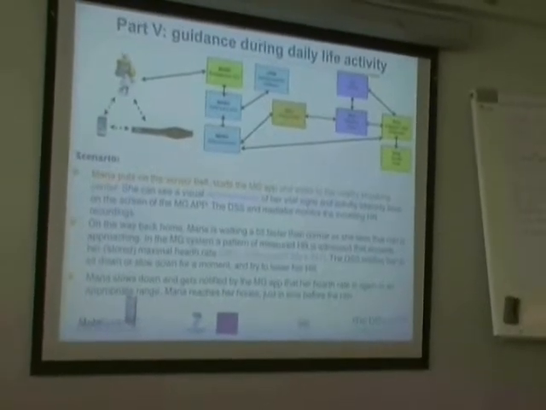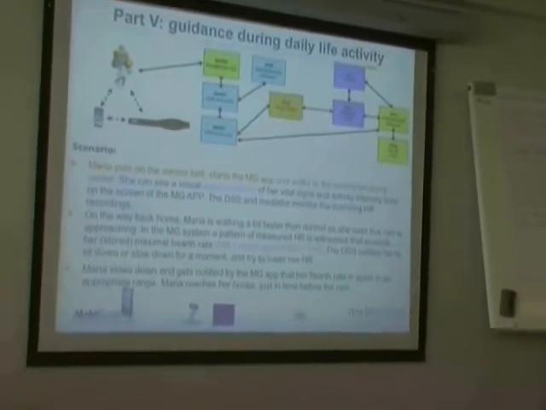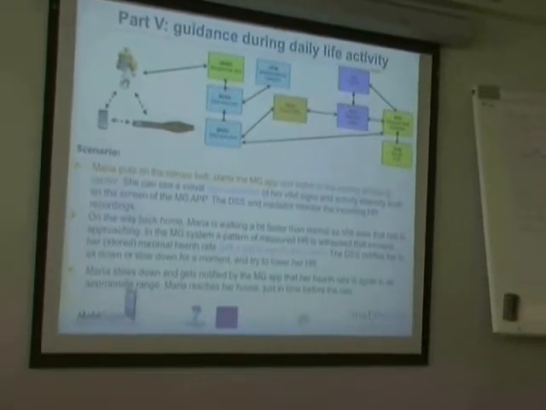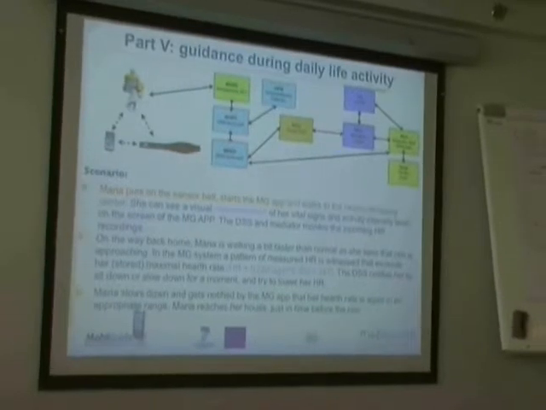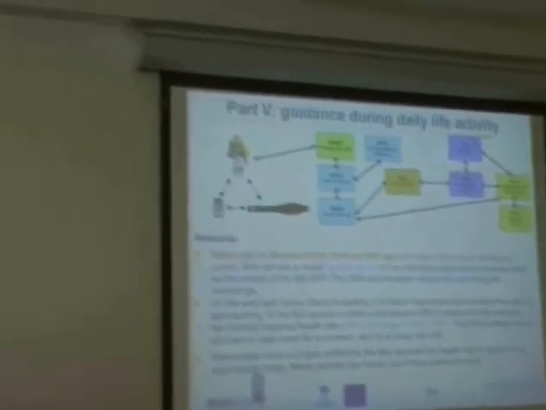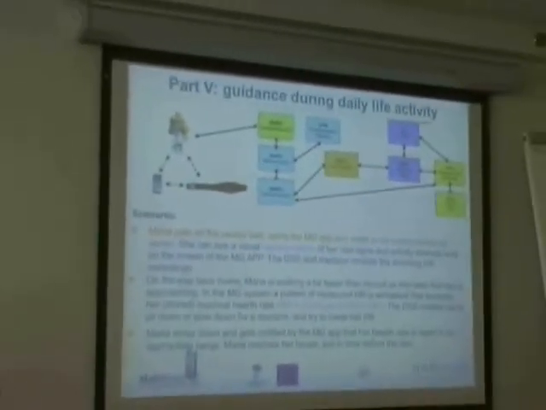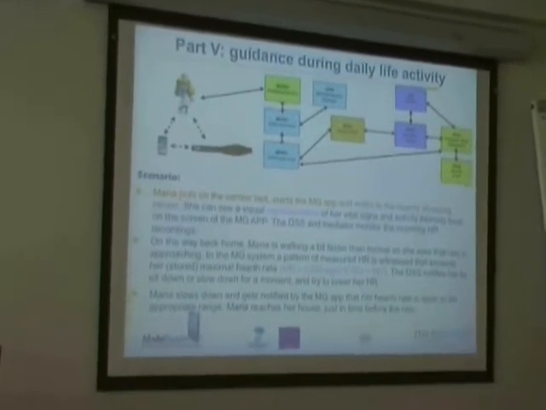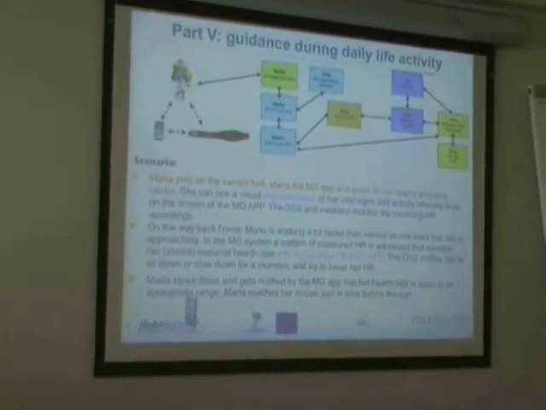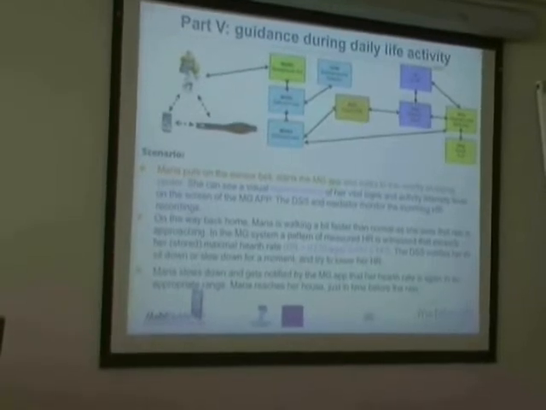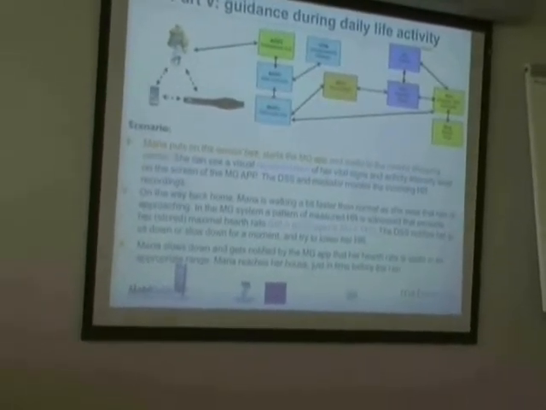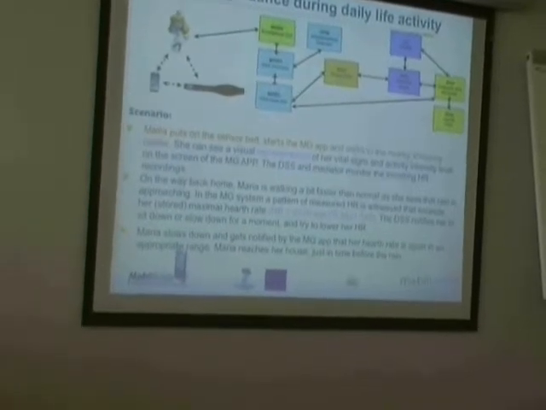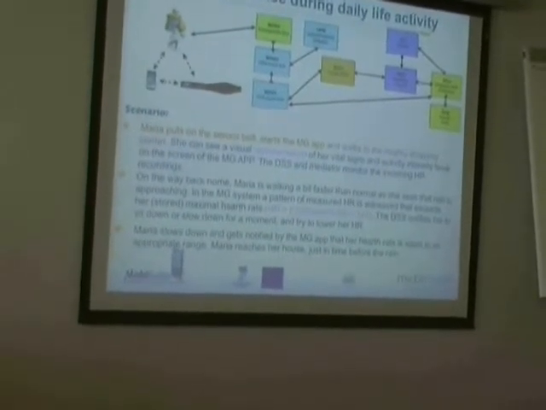Now, in this case, it would be somewhere around 147, but of course that's a bit hard now, so we made it around 90. So Maria is seeing rain, so she's running a bit, or at least walking fast, so her heart rate is increasing, and she's notified, please don't do that, slow down a bit. And then when she's again in range, she will get a notification saying, okay, it's fine again, please continue.